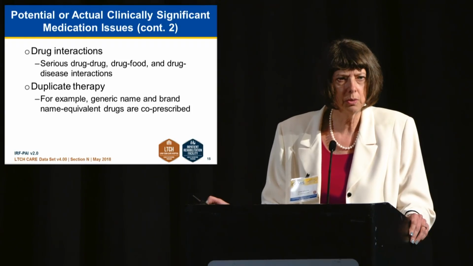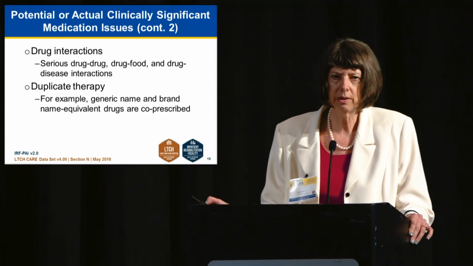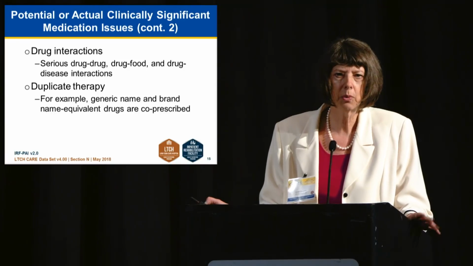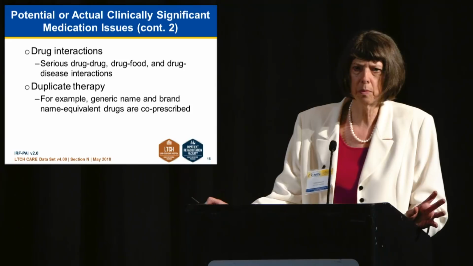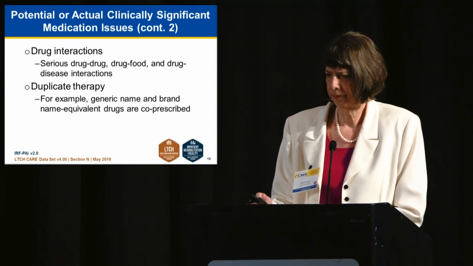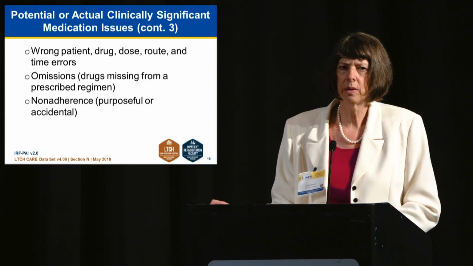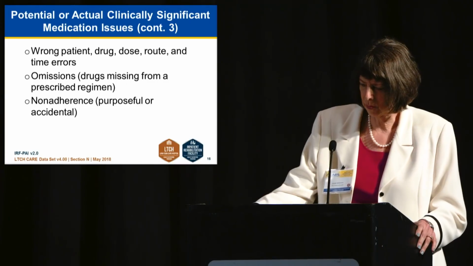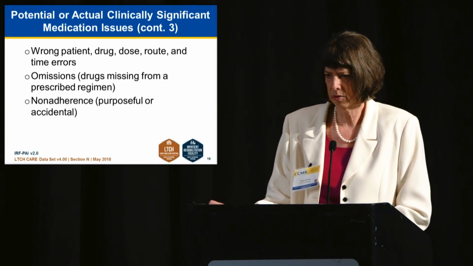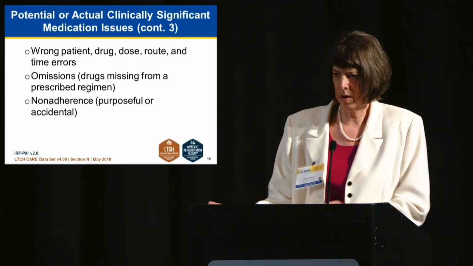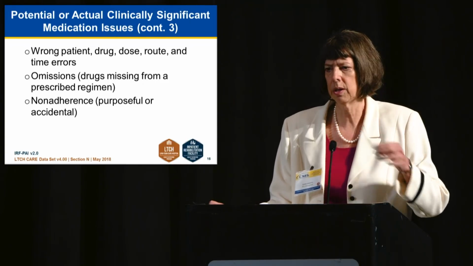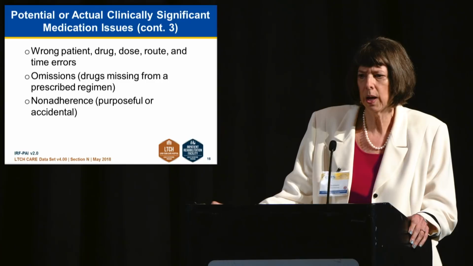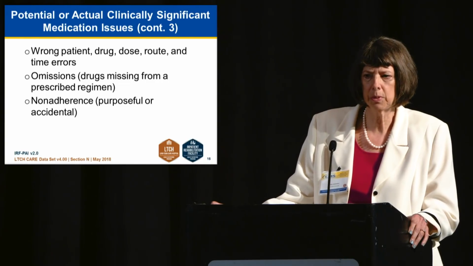This also includes duplicate therapy, for example, a generic name and brand name equivalents, anything such as that co-prescribed. And then, of course, wrong patient, wrong drug, wrong dose, wrong route, and time errors are also included. And omissions as well, so drugs missing from a prescribed regimen.